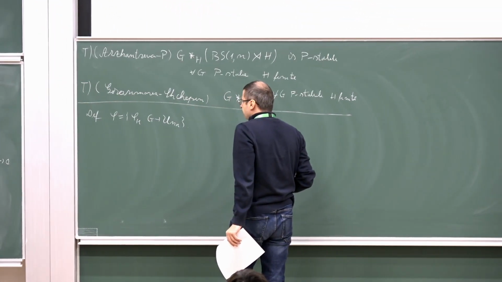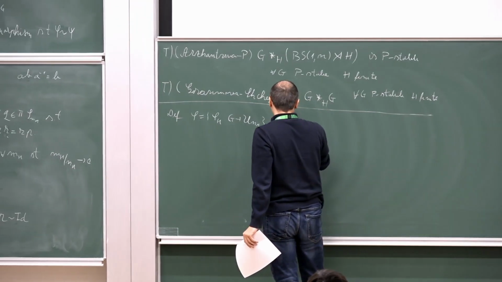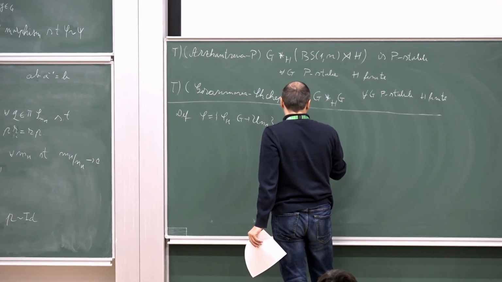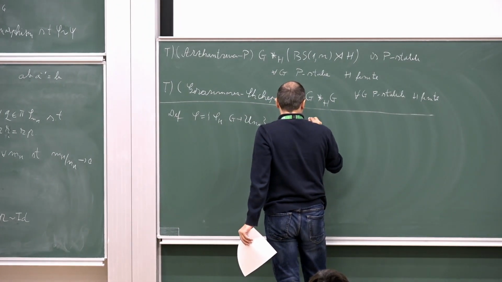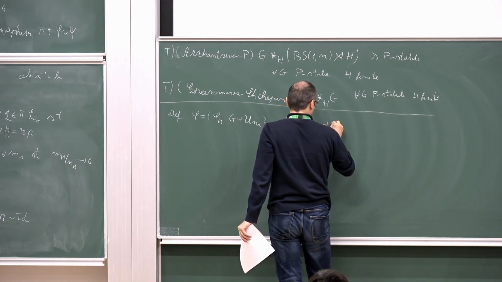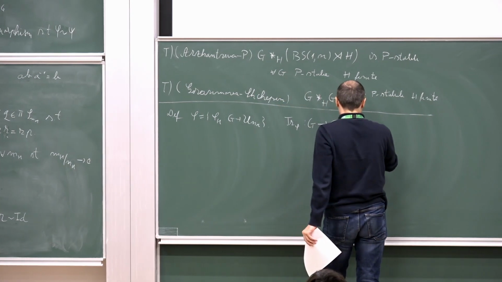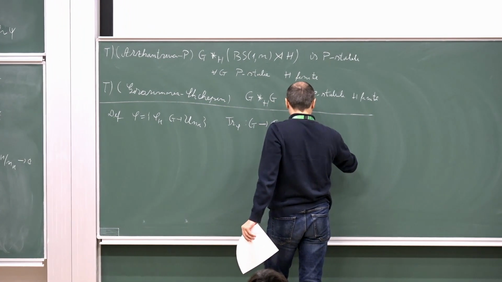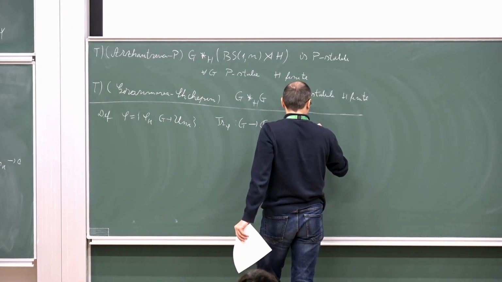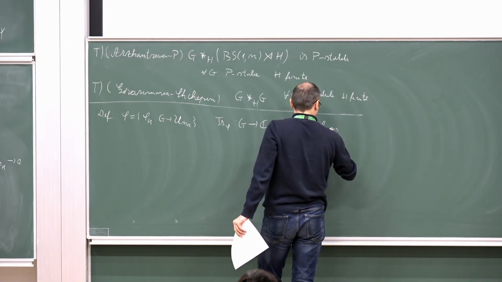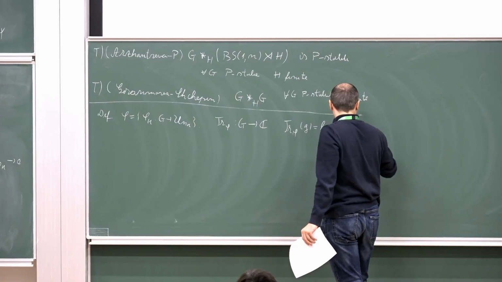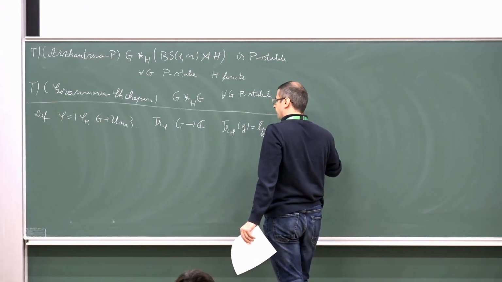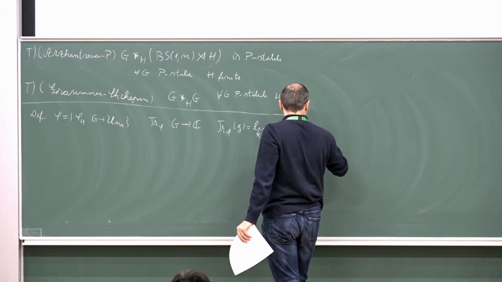And to this object, you can associate a trace or a character. So the trace of phi is a function from G to complex numbers. The trace of phi at an element g is the limit in k of the trace of phi_k(g).